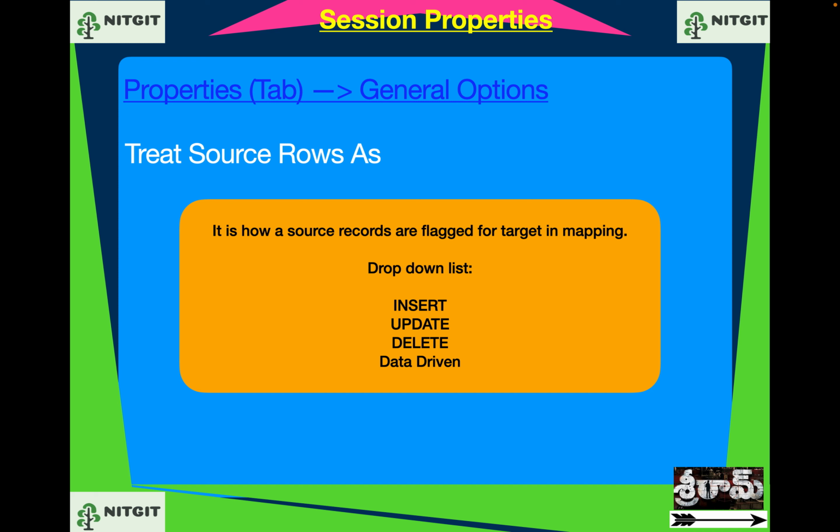If your mapping has an update strategy, deciding whether to delete, update or insert, or if you have multiple operations in the mapping itself, like dimension type 2, SCD dimension type 2, then the default property will be set to data driven. In general, if you have a simple pass-through mapping from source to target, with perhaps an expression or a filter in between, then insert is the option. Insert is the default option that will be selected.